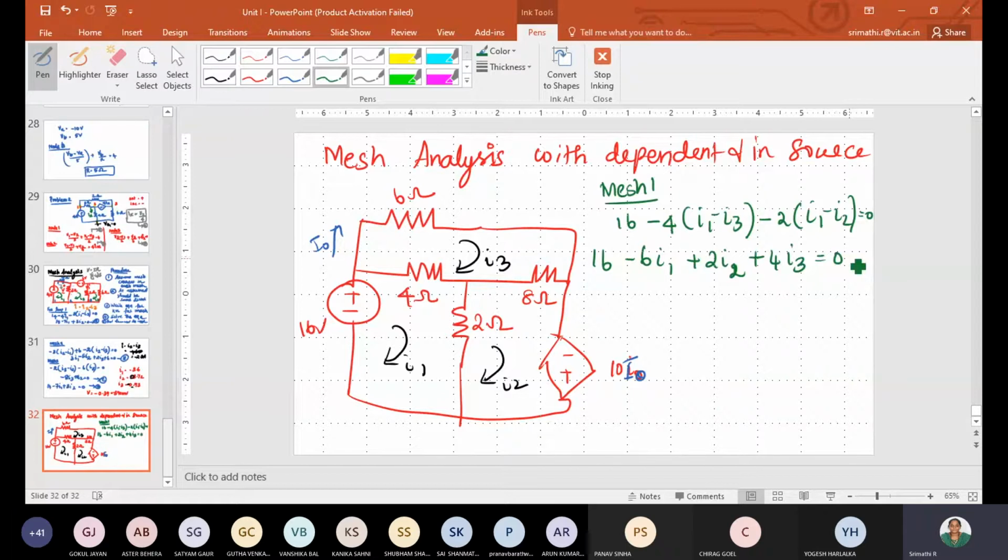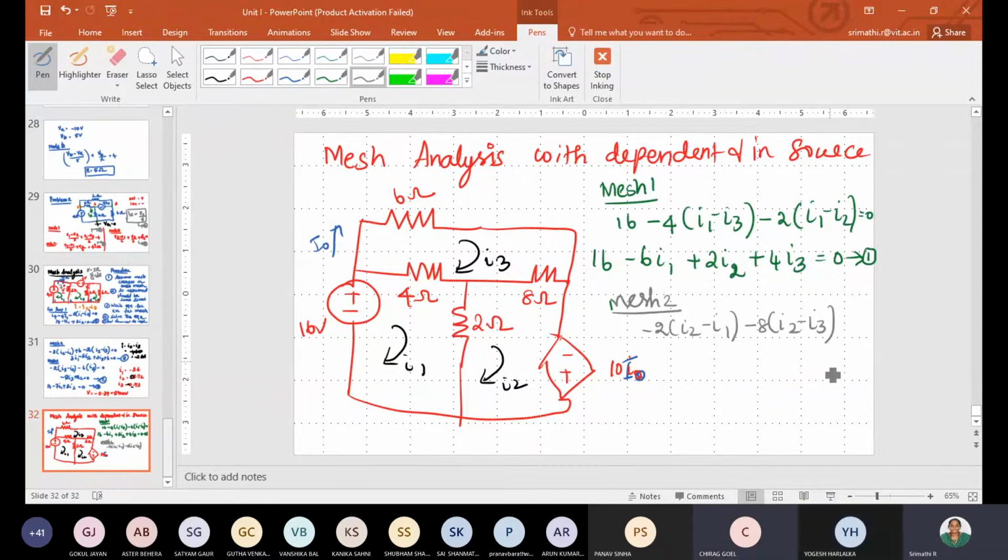And coming to the equation for mesh 2, sorry, the screen is freezing. For mesh 2, minus 2 into I2 minus I1, minus 8 into I2 minus I3.